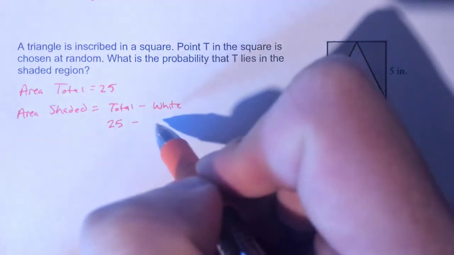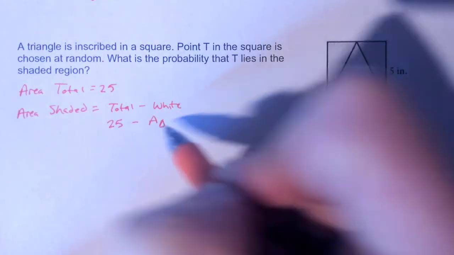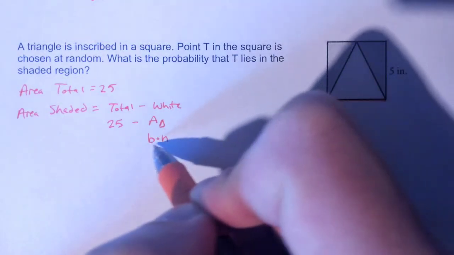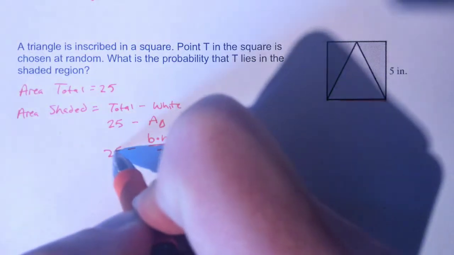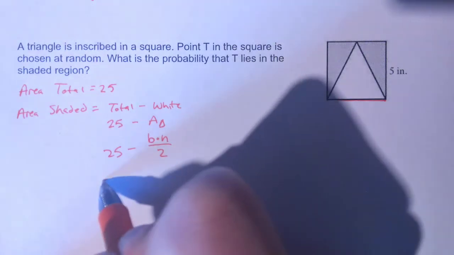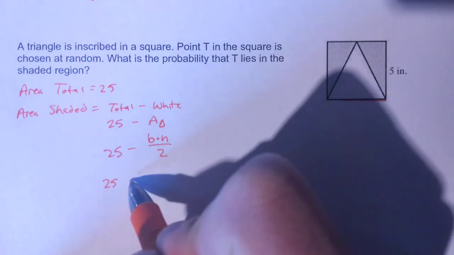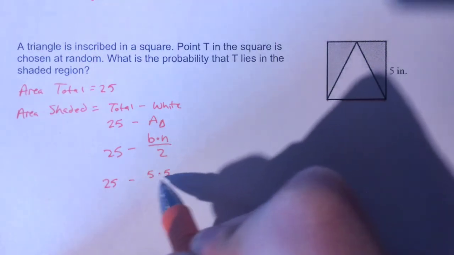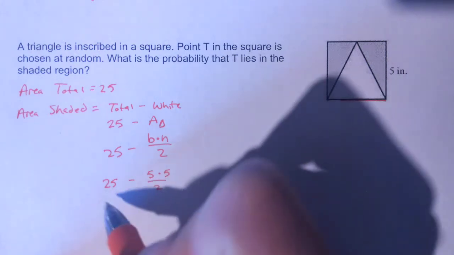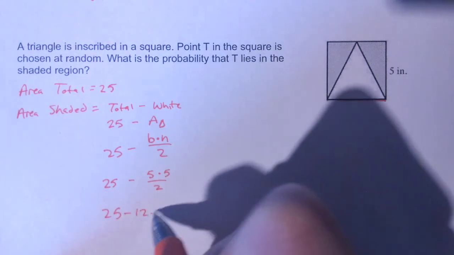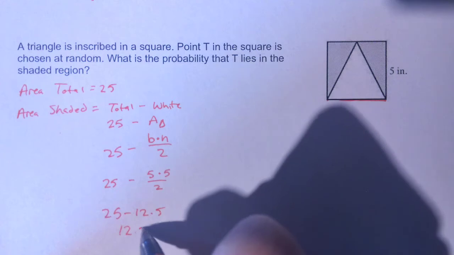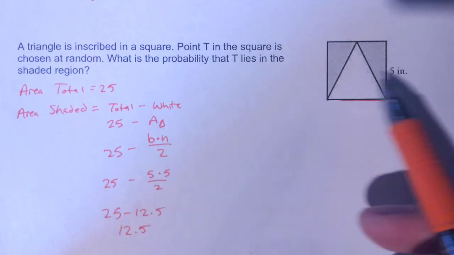So the white triangle is going to be an area of a triangle, so base times height divided by 2, right? What's the base of that triangle? Of course, it's 5. And what's the height? Also 5, divided by 2. So that's going to be 25 minus 12.5. That's 12.5 for the area of the shaded.